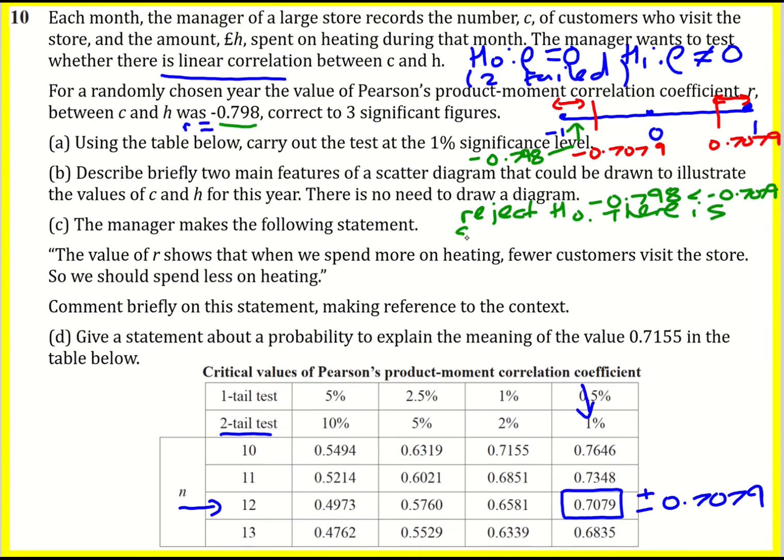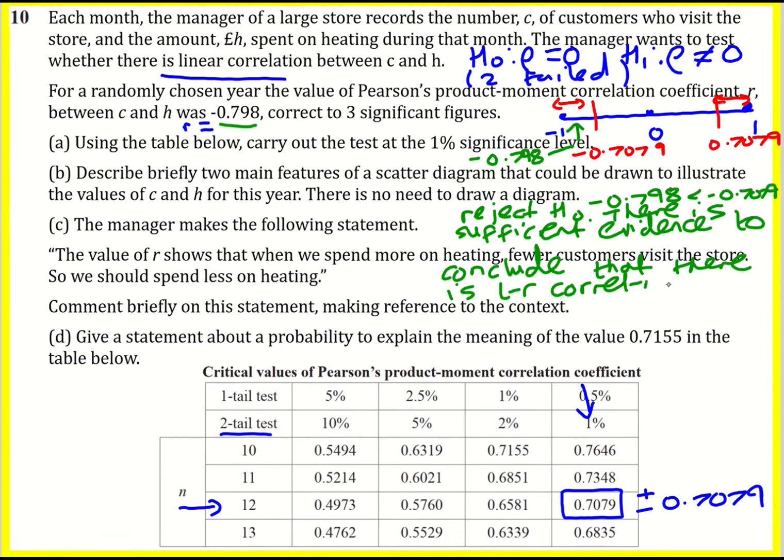There is sufficient evidence to conclude that there is linear correlation, you could say, between C and H at the 1% level.